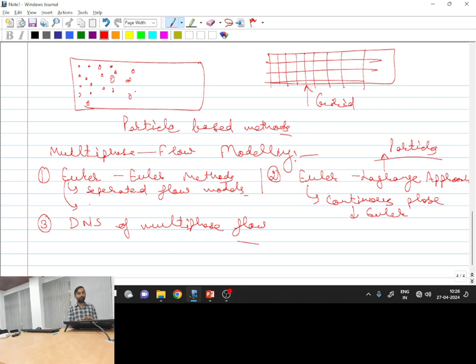Once I am able to capture in that sense, I call it DNS for multi-phase flow. But be careful, don't mix it with DNS for turbulent flow, because there the length and time scales, grid size and time step size will be even smaller. Is this point clear? So in DNS for multi-phase flows, we will be able to properly resolve the interface.